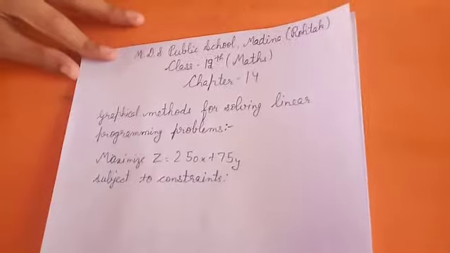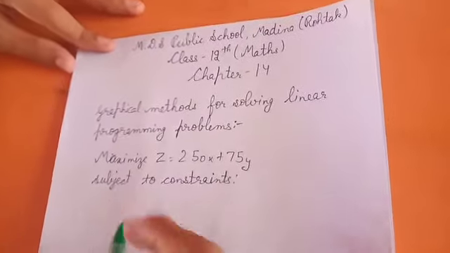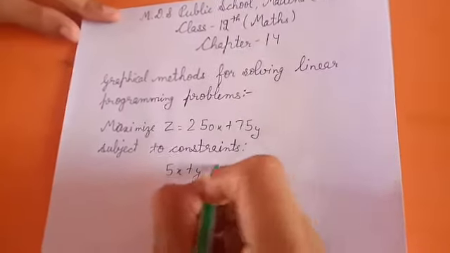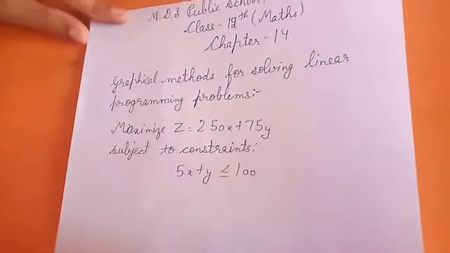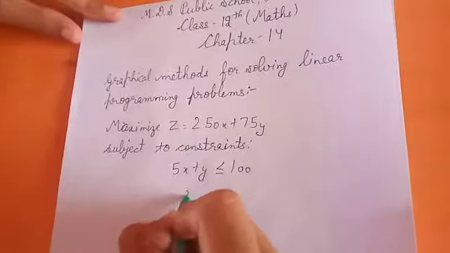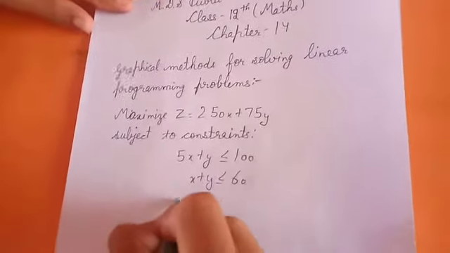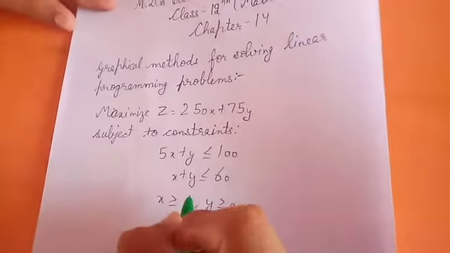Okay. Now what were our constraints? One was 5x plus y should be less than or equal to 100. X plus y should be less than or equal to 60, and x and y should be greater than or equal to 0.